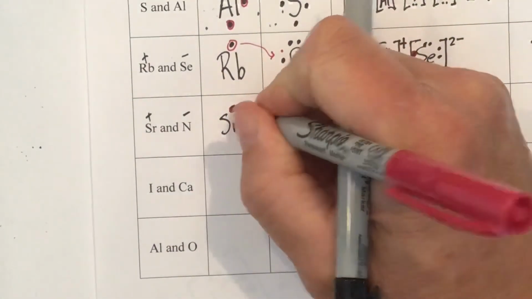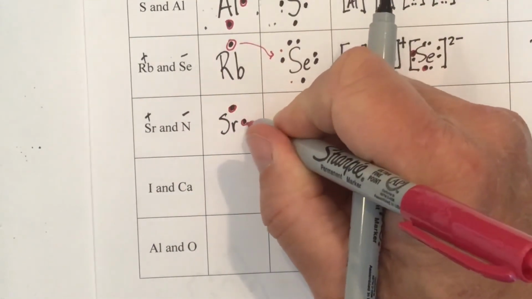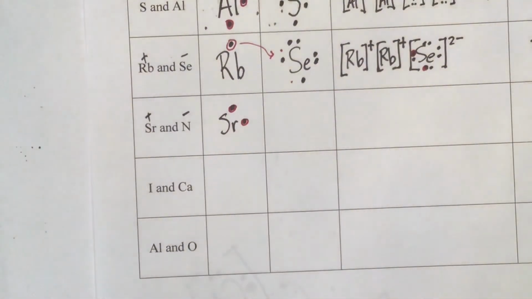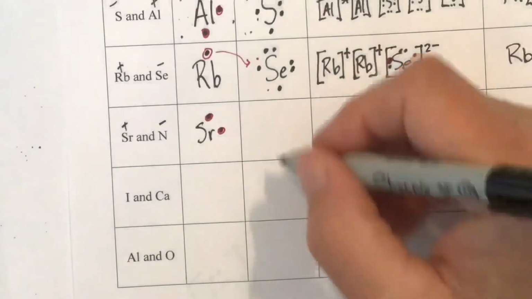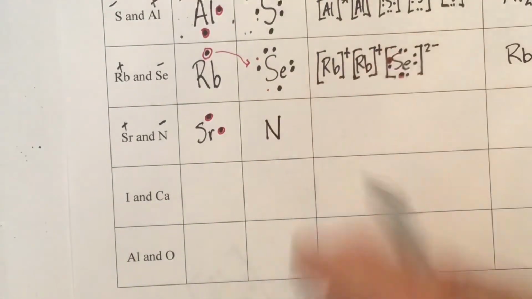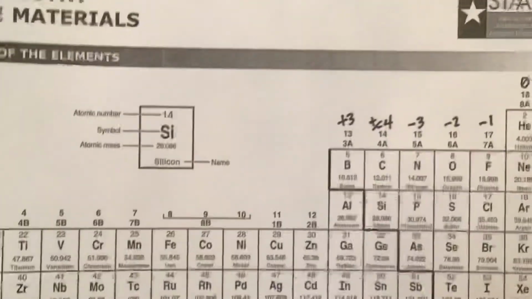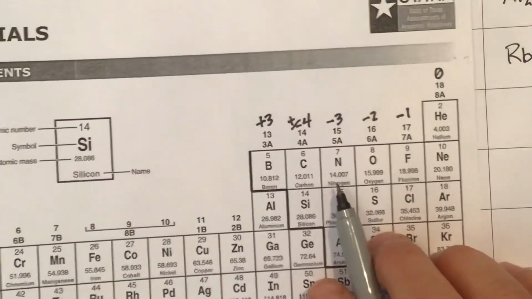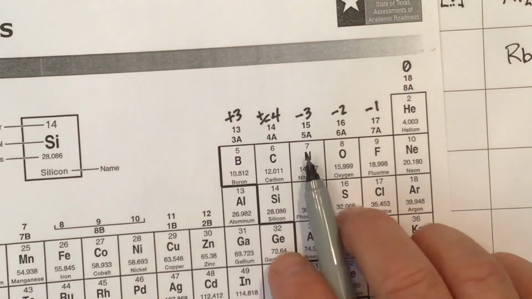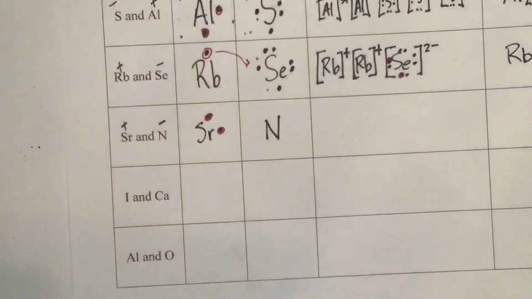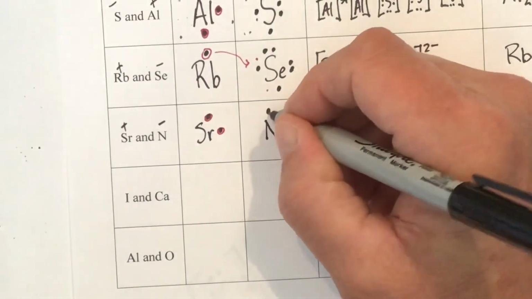And we'll color code this. All right, and nitrogen. Nitrogen is right here, and it's in group 15 or 5A. It's going to have 5 valence electrons.